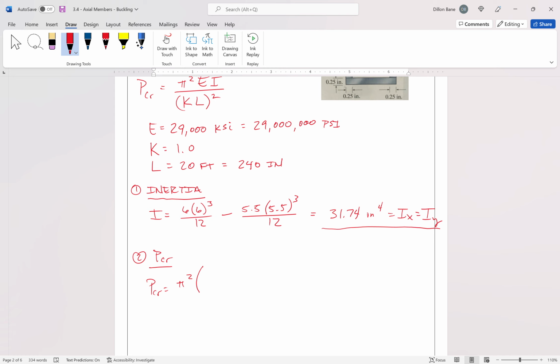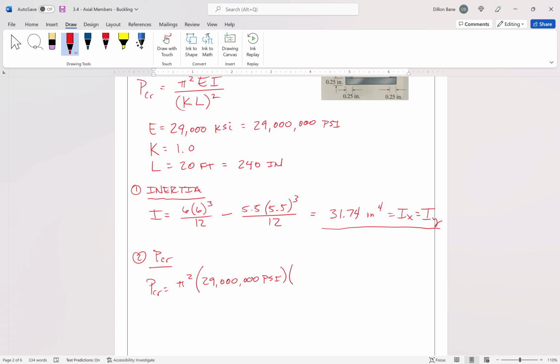I like to use the pound and inch units instead of the kip and inch units, or the kip and feet, or the pound and feet. Just pick one, personal preference, and stick with it. I like pounds and inches, okay? So modulus of elasticity is 29,000 ksi, but like I said, I like to use pounds and inches, so I'm going to plug in 29 million psi into my equation.